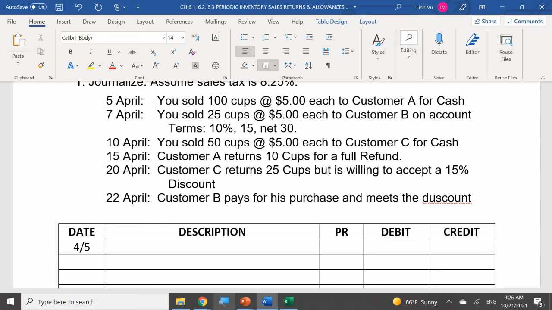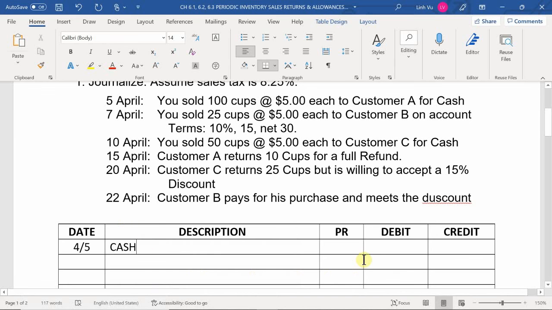Cash. Yes, we received cash. 500 plus tax. Okay, what else do you need to recognize?